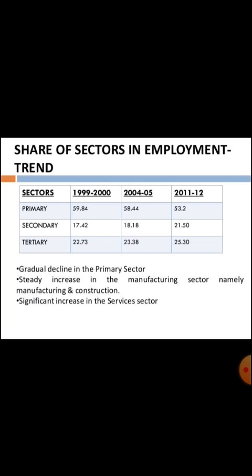In 2004-05, it provided 23.38% of employment, and in 2011-12, it provided 25.30% of employment. As we can see, there is a gradual decline in the primary sector, a steady increase in the manufacturing sector, namely manufacturing and construction, and a significant increase in the service sector too.